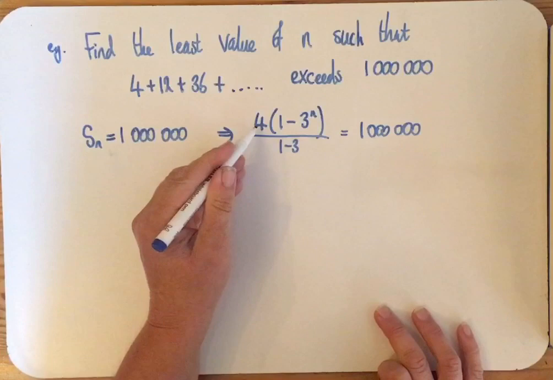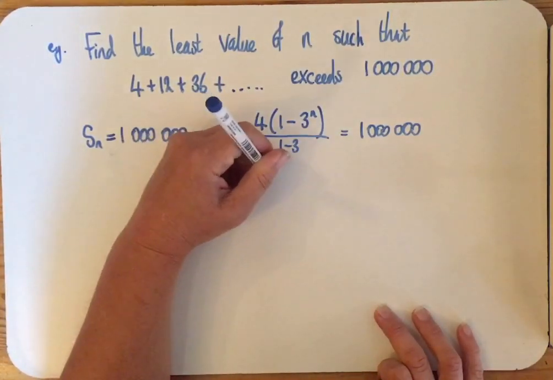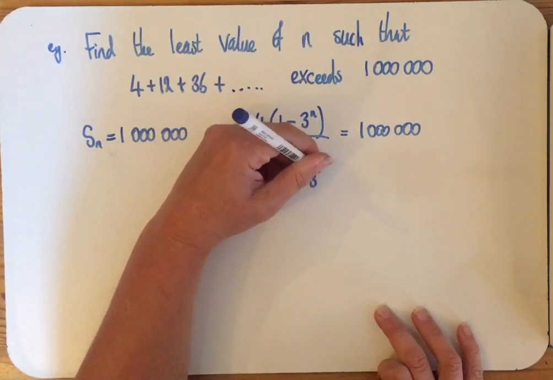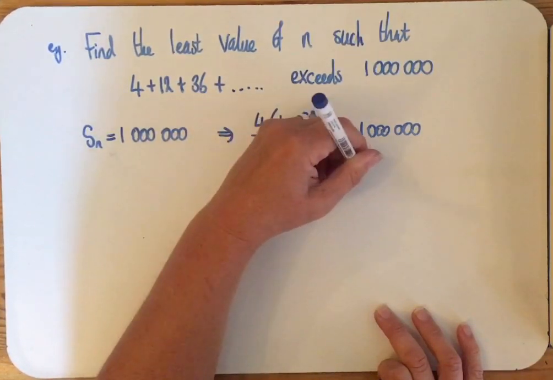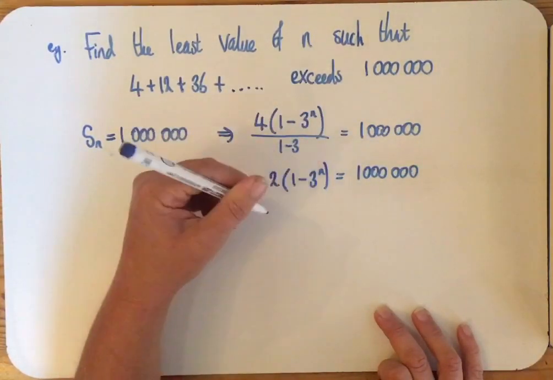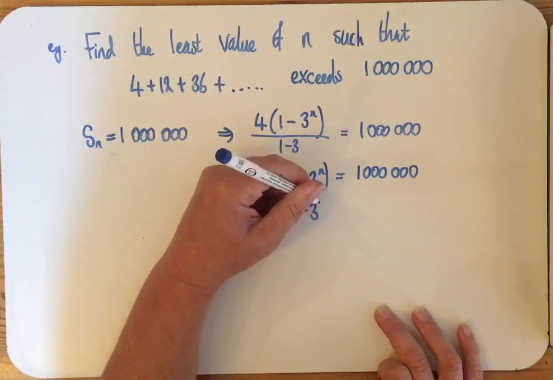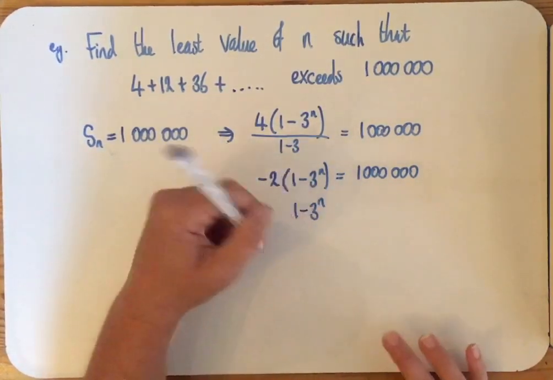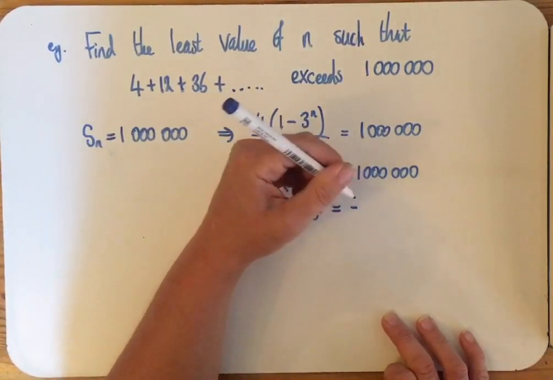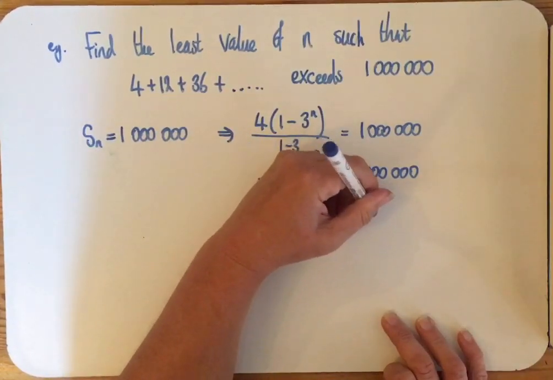So 4 divided by minus 2 is minus 2. And then we can divide both sides by that negative 2. If you were using inequality signs, you'd have to flip your sign here because you're dividing by negatives. That's why I've just kept it as an equals, because it just takes away having to worry about that. So minus 500,000.